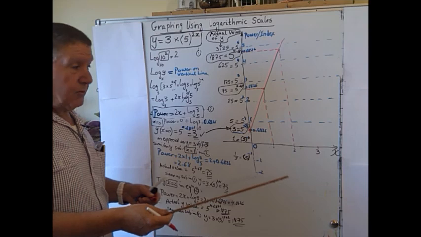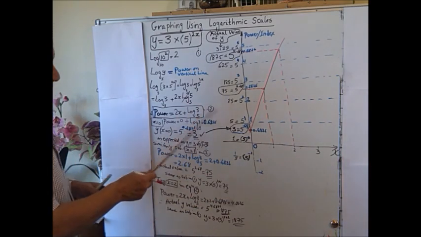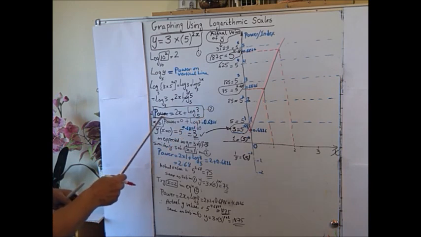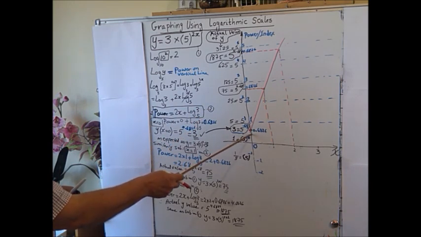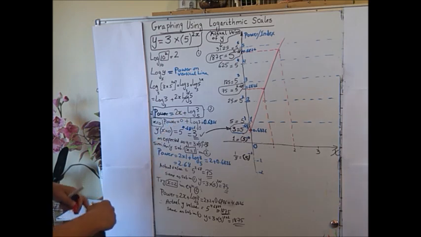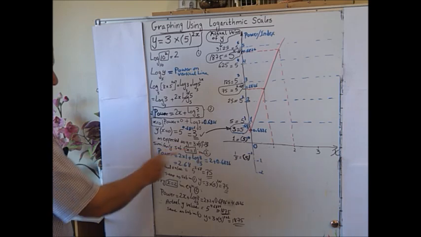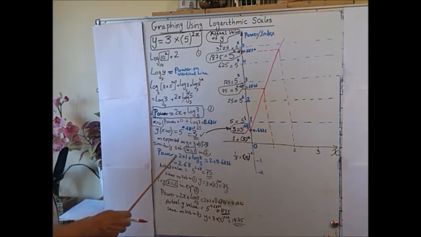We follow the same procedure, substituting in equation 2 to find the corresponding power. Similarly, substituting x equals 1, the power equals 2 times 1, because x is 1, plus log 3 base 5.